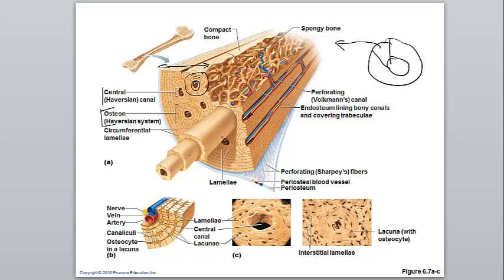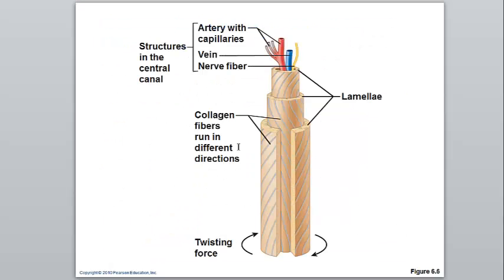Okay, osteon or Haversian system contains lamella. These tubes that you're seeing over here are lamellae. Okay, when you look at these lamellae, what you're going to see, again, this is a bone, which is a connective tissue, meaning it has matrix, meaning it has fibers in the matrix.